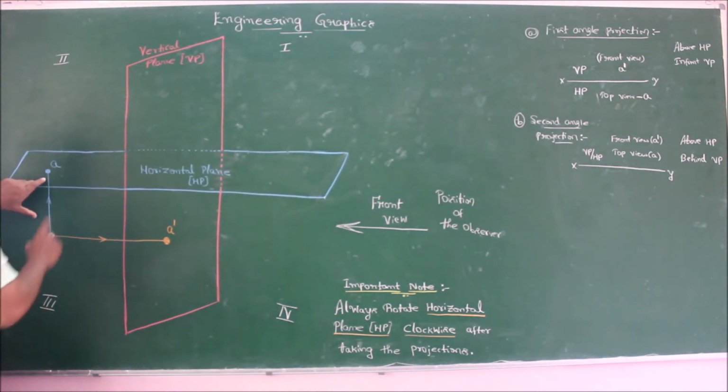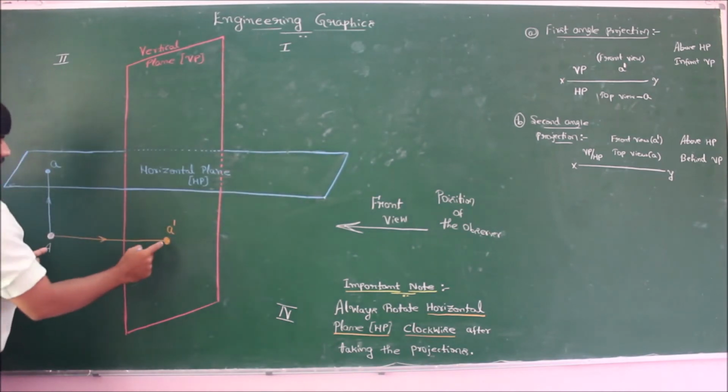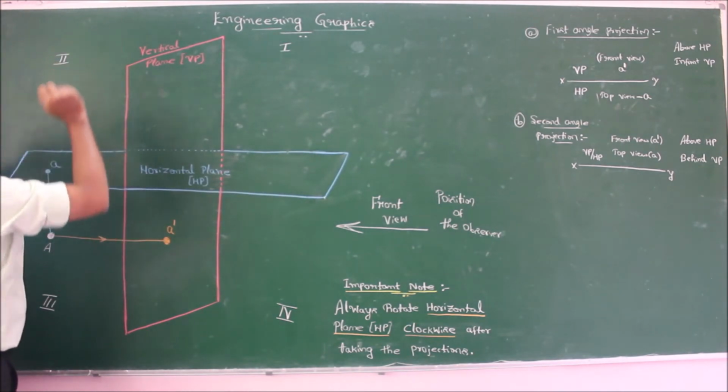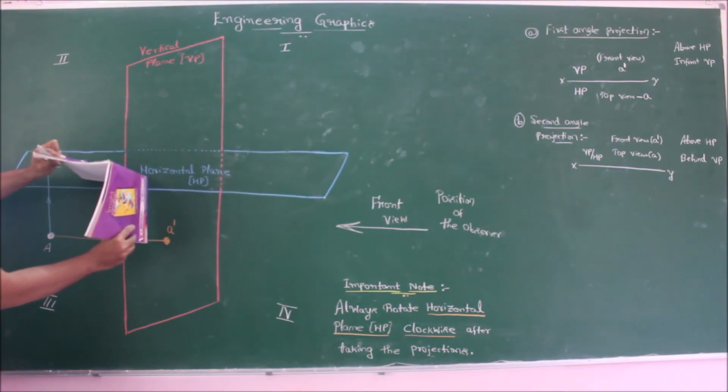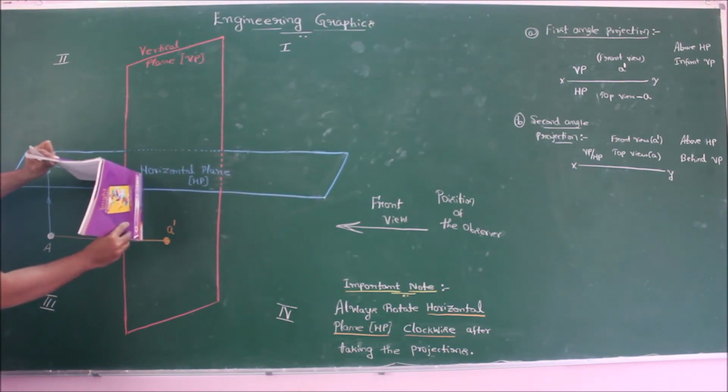So this distance can be visualized in the front view, this distance can be visualized in the top view. This is the situation in third angle projection, wherein the point is situated in the third quadrant.